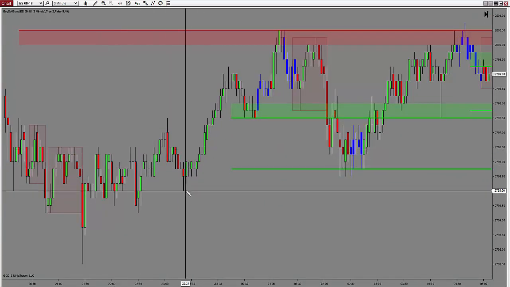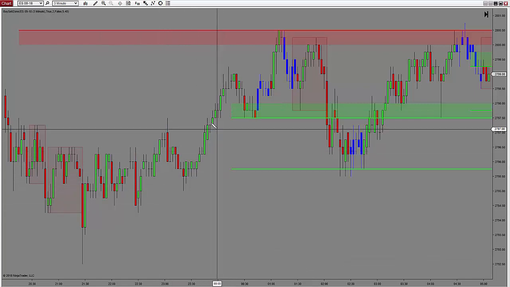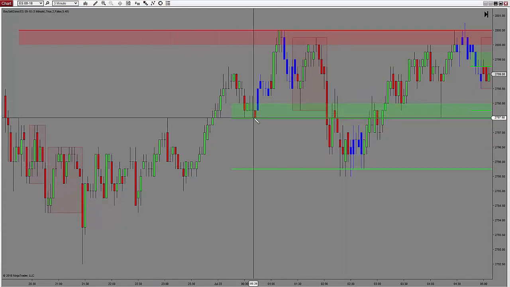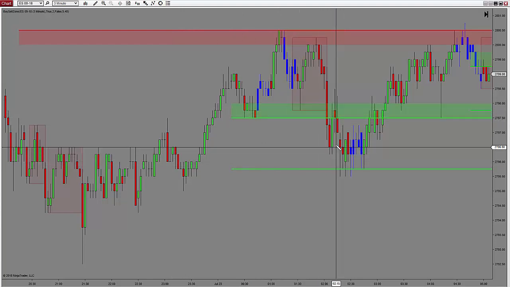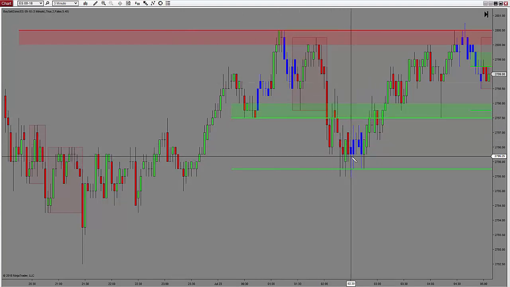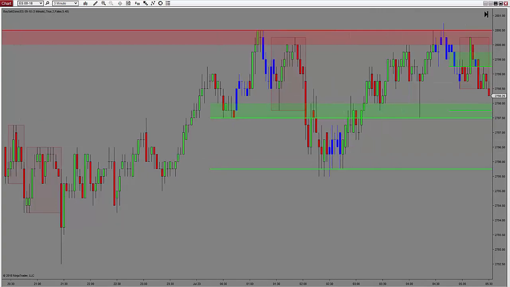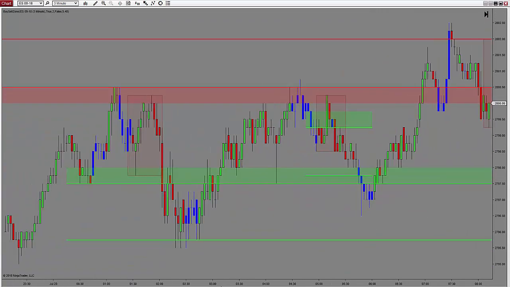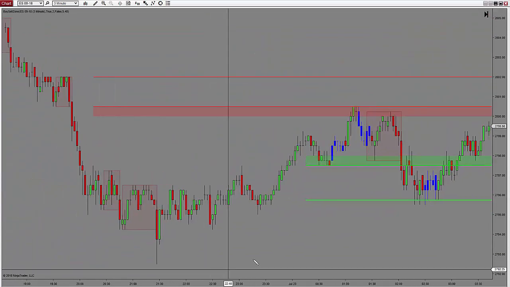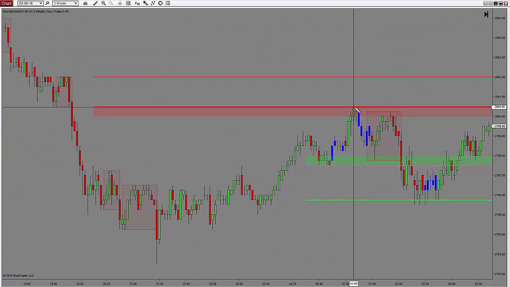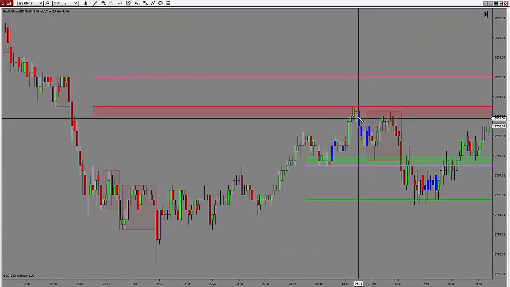Now, I don't know why this zone isn't printing, but this is supposed to be a zone right here. Okay, so you come into it here, here, and then again there. But let's see. Prior to that, you actually would have been looking at a short.